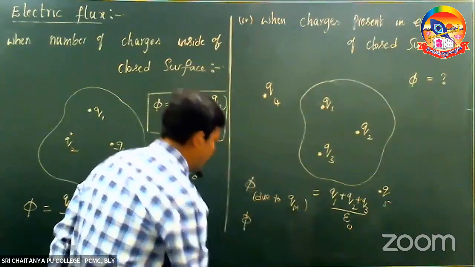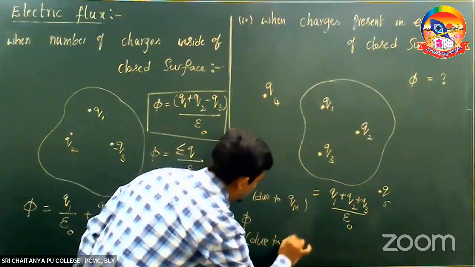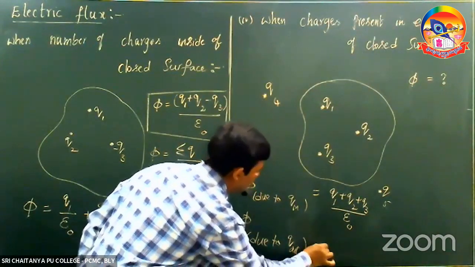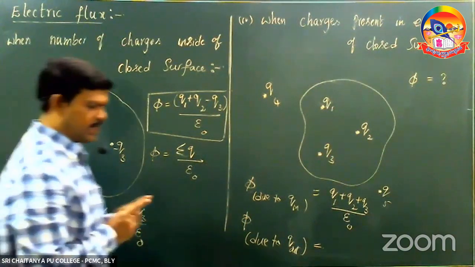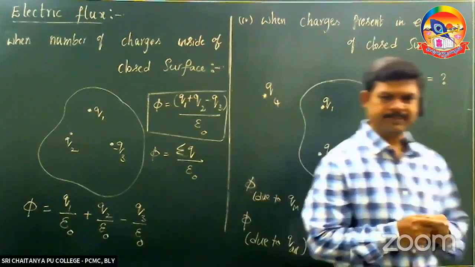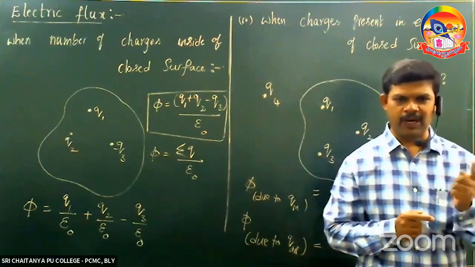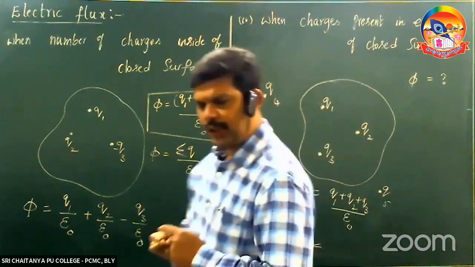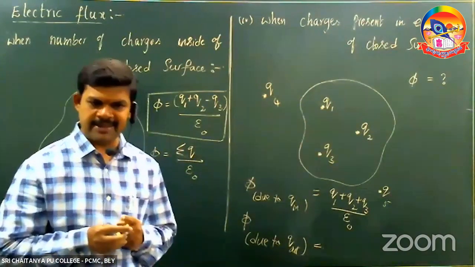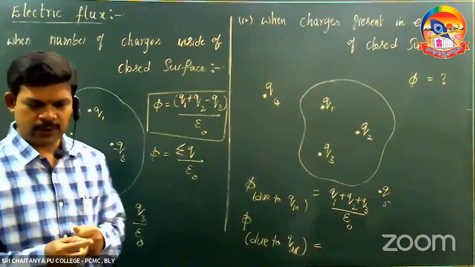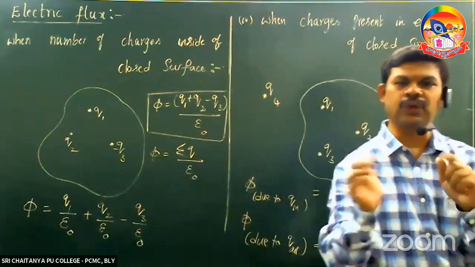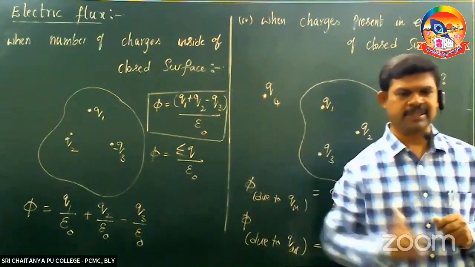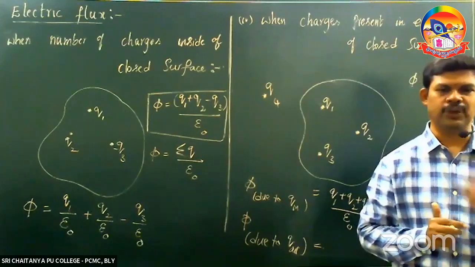What is the flux due to Q out? Come on. In the previous case we discussed, whatever charge may be present outside, whether negative or positive, the flux due to outside charges is 0. Yes or no? The flux linked with the surface due to outside charges is 0, right?